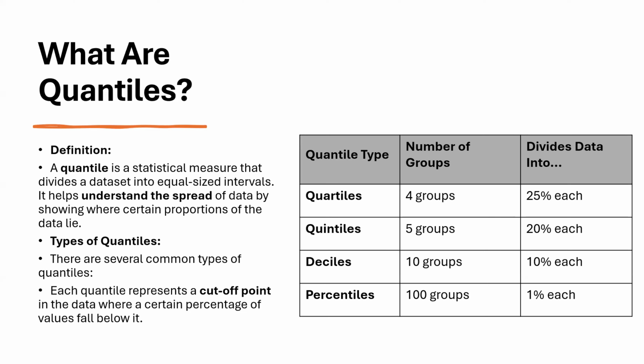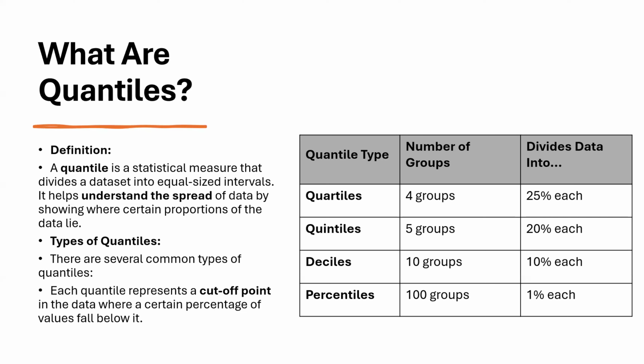Okay, let's start with the very basics. The definition says a quantile is a statistical measure that divides a data set into equal sized intervals. It helps us understand the spread of the data by showing where certain proportions of the data lie. There are a few types of quantiles that we have. You can see in the table we have quartiles, quintiles, deciles, and percentiles. Each has a different number of groups, and each quantile represents a cutoff in the data, where a certain percentage of data values fall.